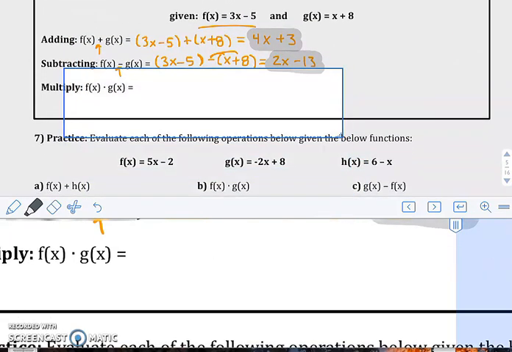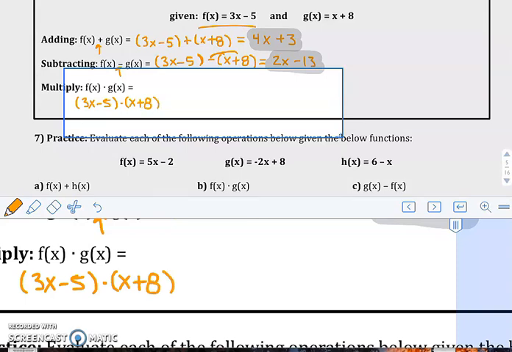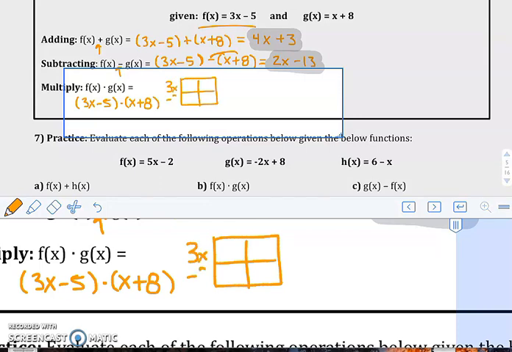So how about f of x times g of x? Same thing. This is going to be 3x minus 5 times x plus 8. Since it's multiplying, I'm going to set up a generic rectangle. So 3x minus 5, x plus 8.